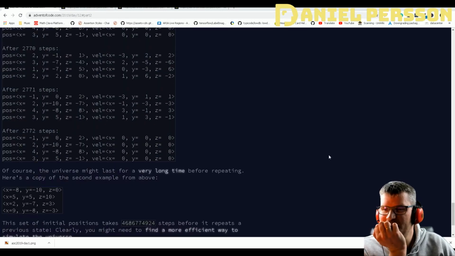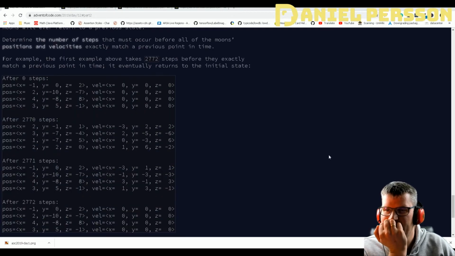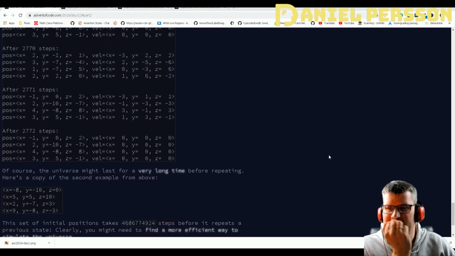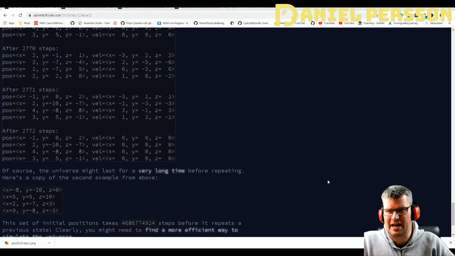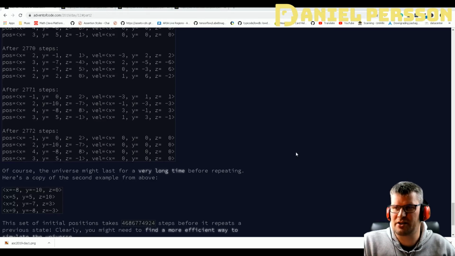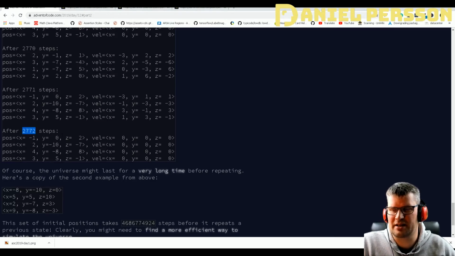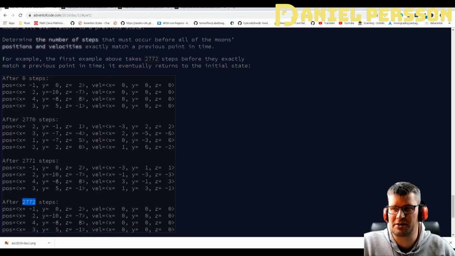So this will be an interesting one, that we actually need to figure out how many steps there are until they are in the same position as the start. And we have one example here where it should take 2,772 steps.